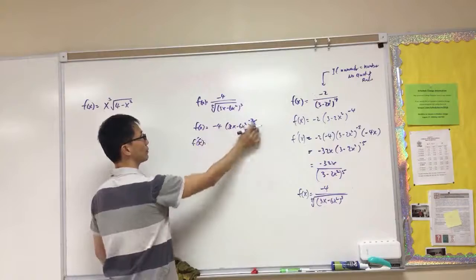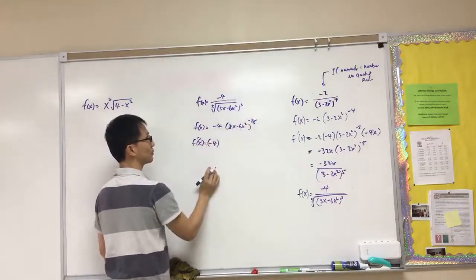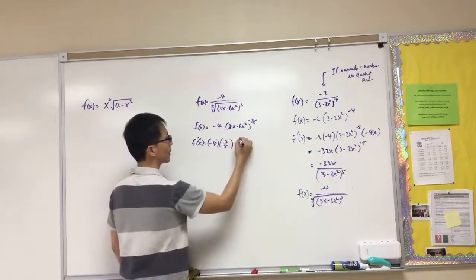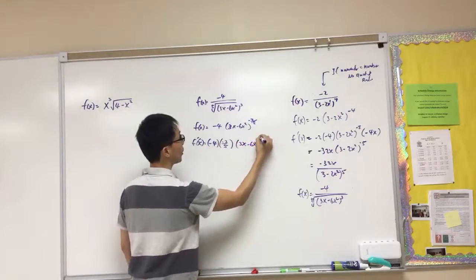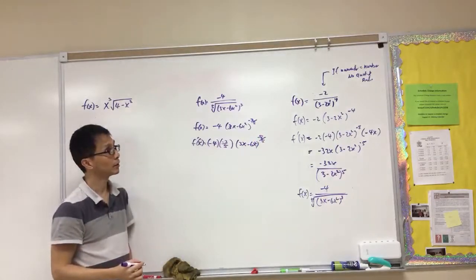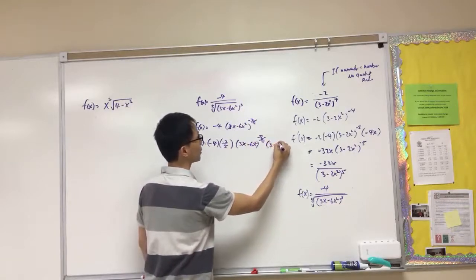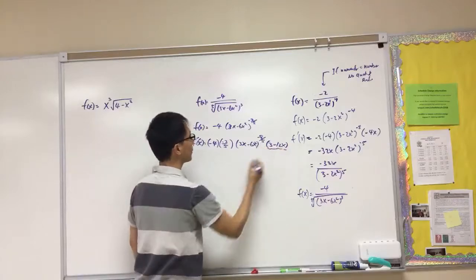It's equal to what? -4 times -3/5 times 3x minus 6x squared to the what power? -8/5, right? And then times the derivative of the inside, 3 minus 12x. Don't forget about this part. That's what people forget.